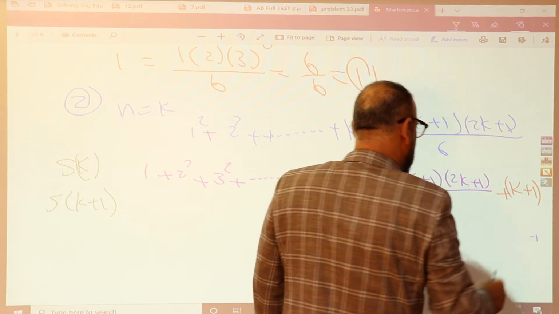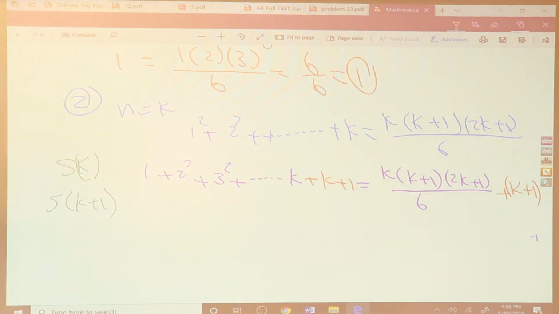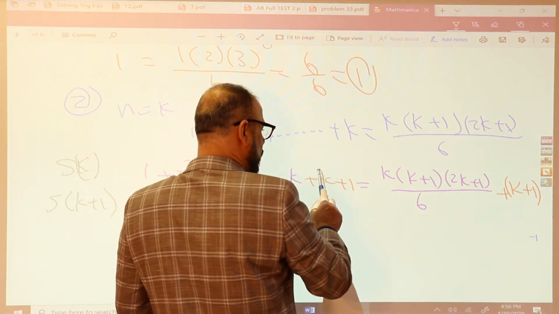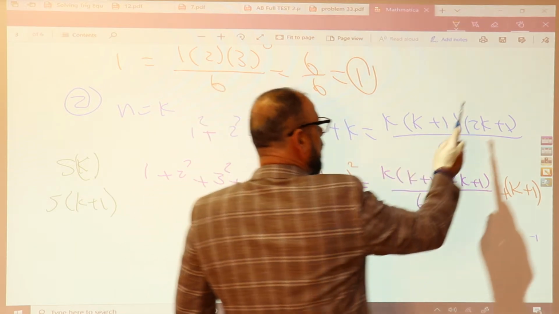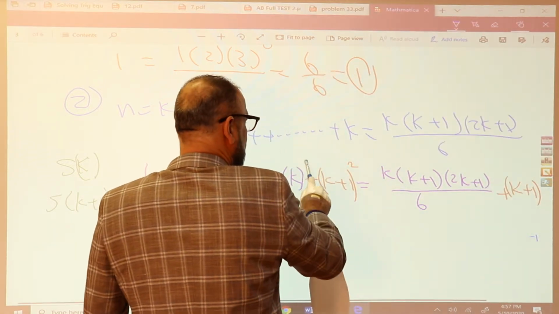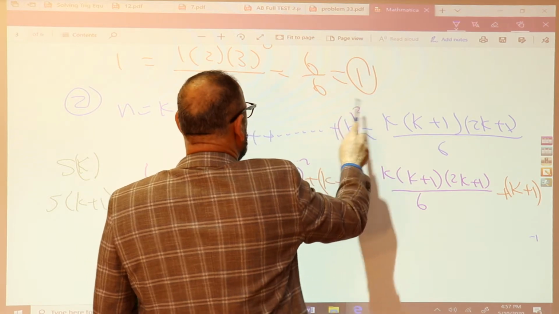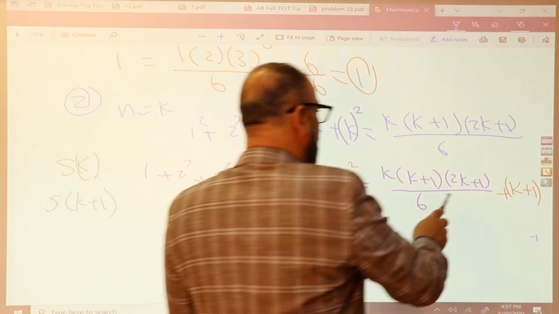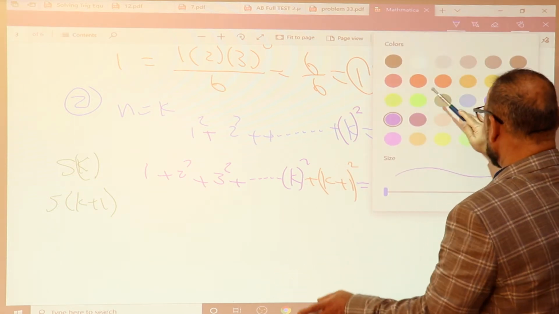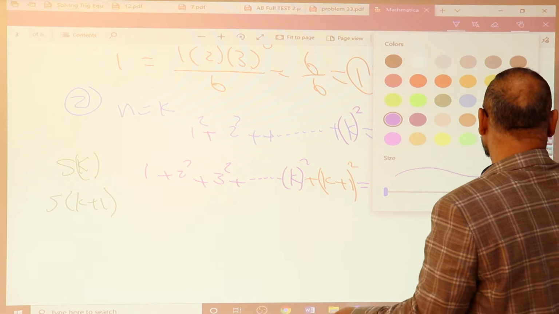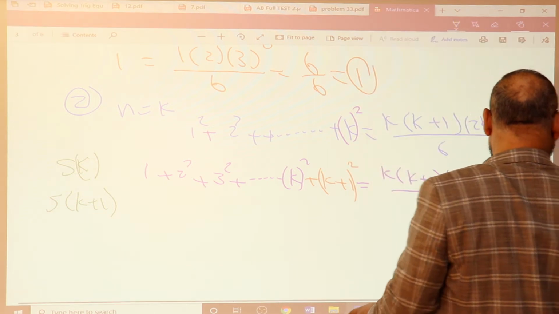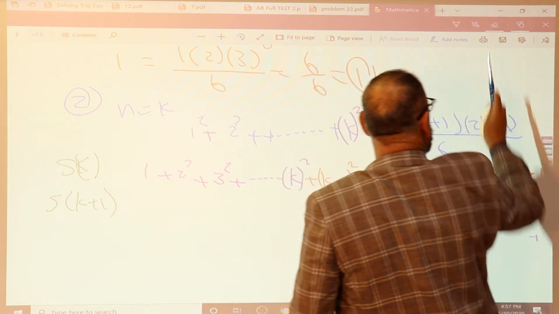Remember, we have a square here, and we're adding a square because we're talking about the sum of squares. Good.